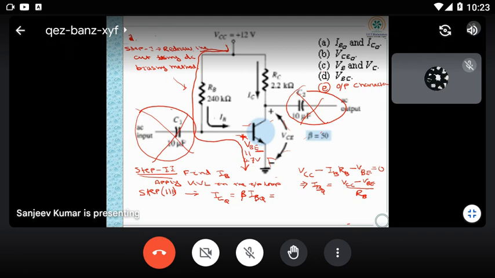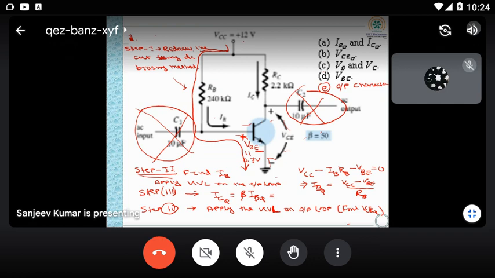Now the fourth step means you have to find the output voltage. Step 4: apply the KVL in the output loop. The objective is to find VCEQ. If you apply the output KVL, what is the formula?